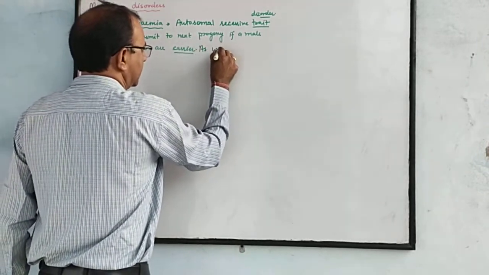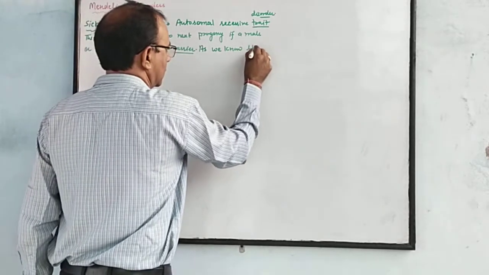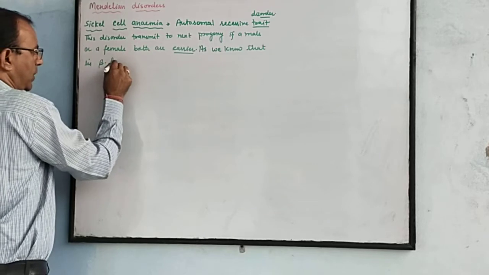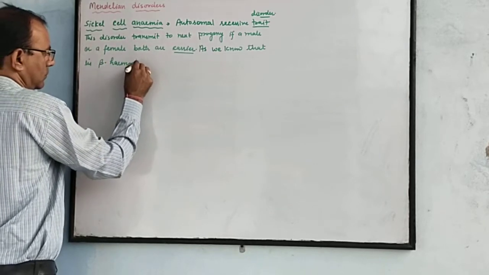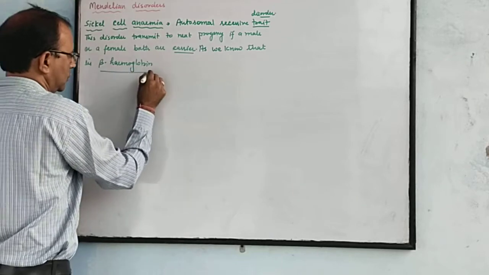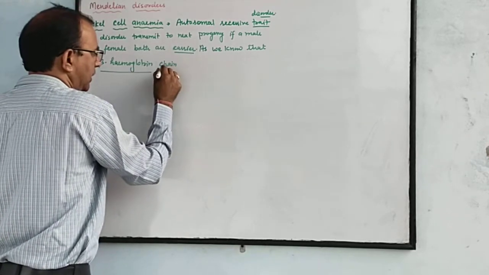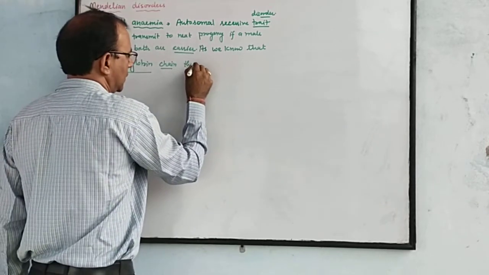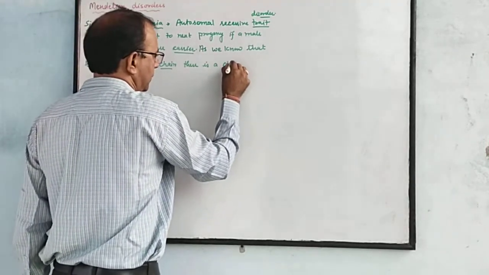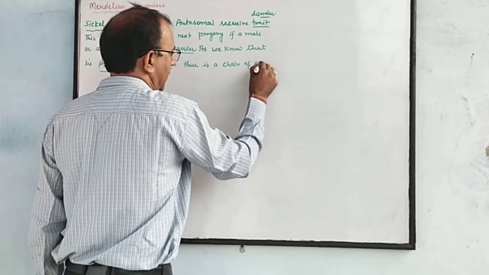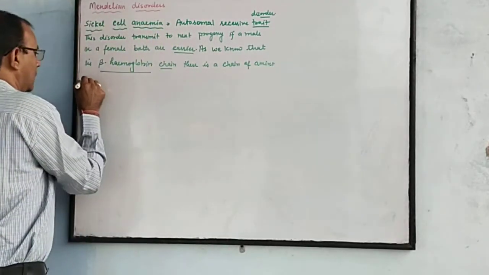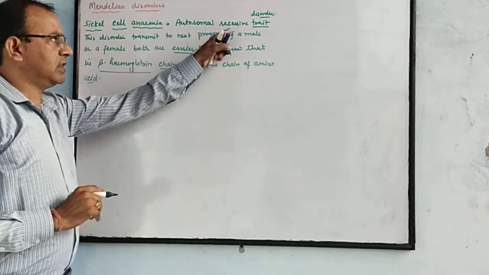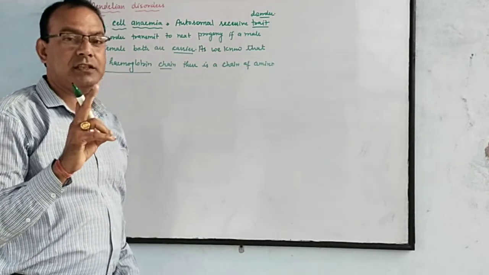As we know, in the beta hemoglobin there is a chain of amino acids. Sickle cell anemia is an autosomal recessive trait, and you can also say that it is a point mutation.